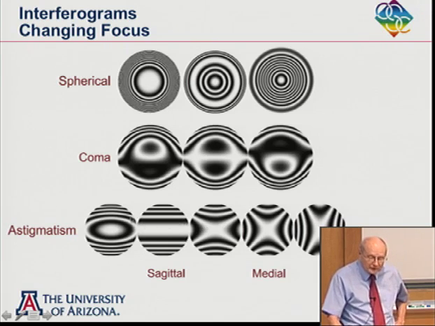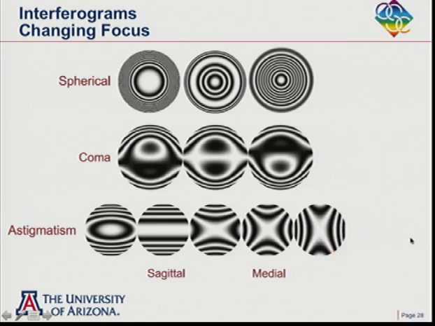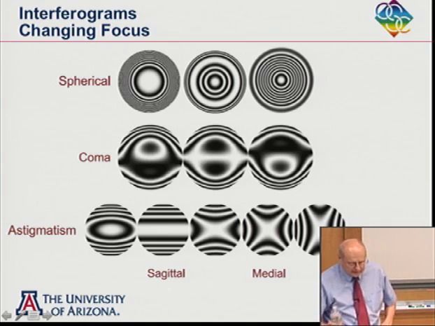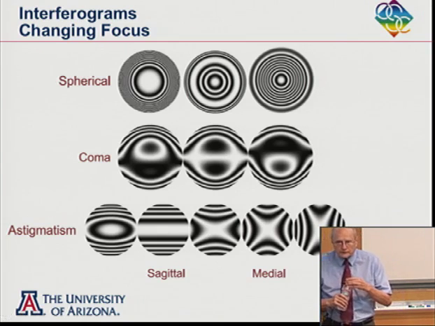And now I get straight fringes, but not equally spaced. If I kept going in this direction, I would get this over here, but rotated 90 degrees. And then if I keep adding in more curvature here, I'll get ellipses like this. Okay. So all of these at the bottom are for testing the same wavefront, but adding in a different amount of defocus.